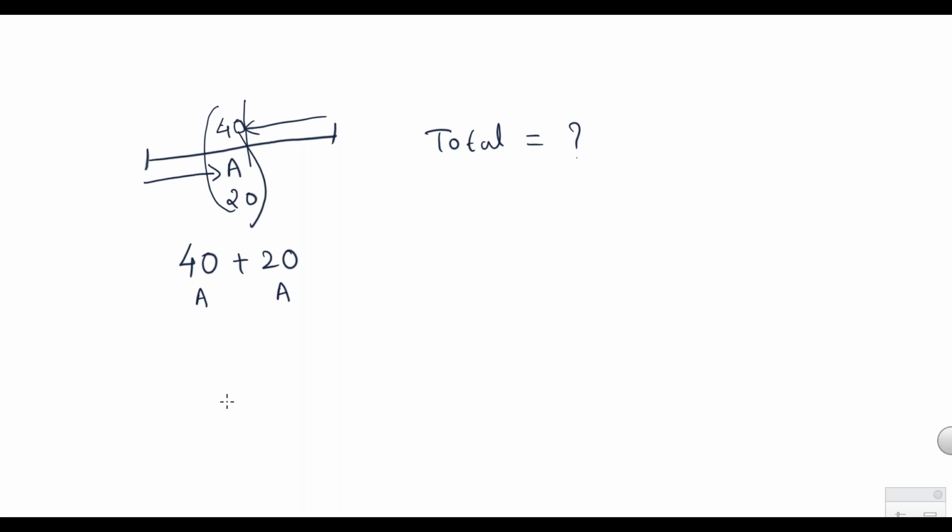When I'm counting the 40 positions from right end, I'm including A, and when I'm counting from left end, there also I'm including A. But here the person A is present only once. Only once. But the same person we have considered twice. So to make the correction, that extra A which I'm considering should be subtracted. So the answer should be 40 plus 20 minus 1, which is 59. Is that clear?